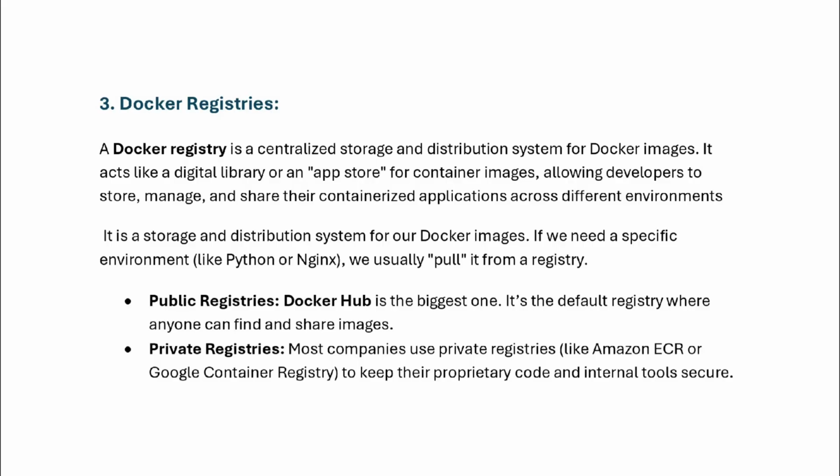Public registries. Docker Hub is the biggest one. It is a default registry where anyone can find and share images. Private registries. Most companies use private registries like Amazon ECR or Google Container Registry to keep their proprietary code and internal tools secure.